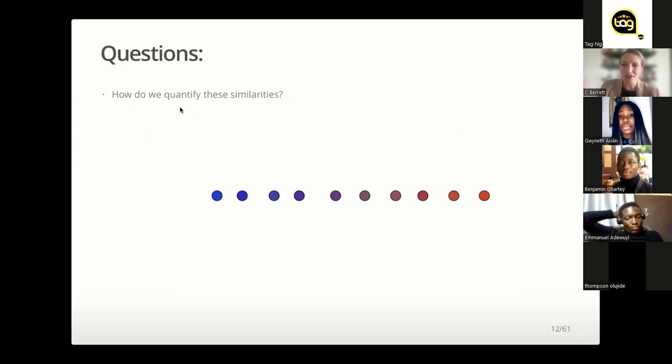So just some questions to think about as we think about spatial dependence and how we want to quantify it. The first question is, how do we quantify these similarities? How do I quantify the fact that these two are closer to the same color than these points that are farther apart?